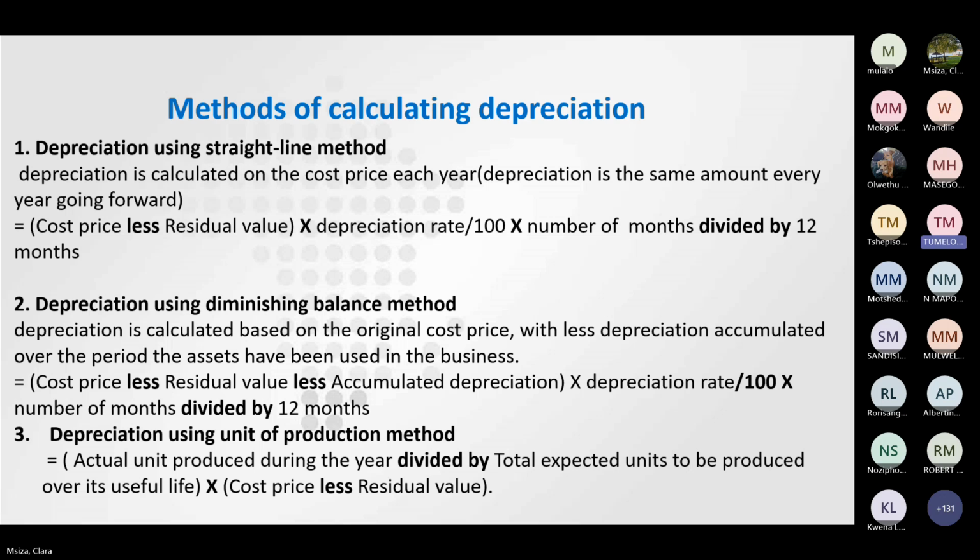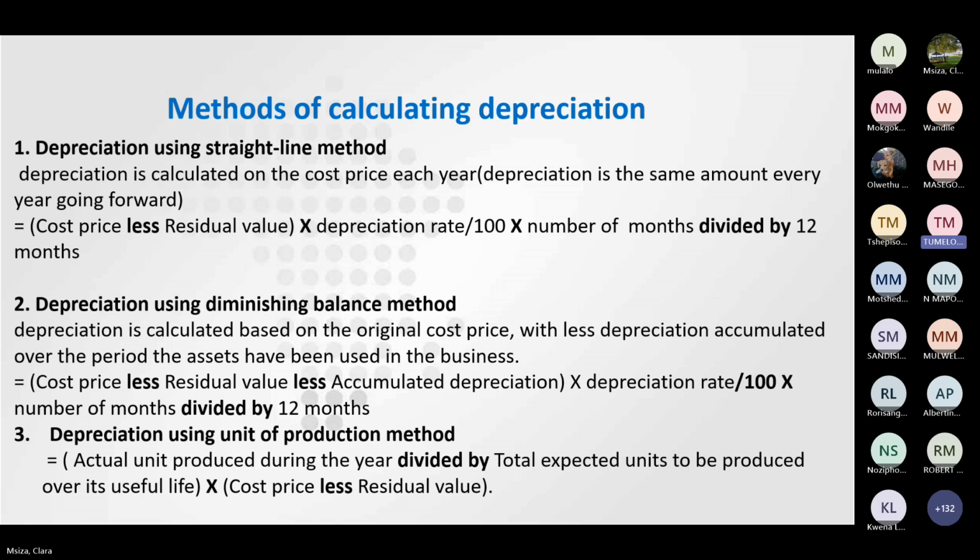Okay, maybe I'm not making sense. Because Ms. Msiza asked us to calculate, when she gave us the 80,000, the profit or the loss, right? Then most of us with the straight line, we got 40,000. I'm assuming we took the 80,000 and we subtracted the 40,000, the accumulated depreciation.